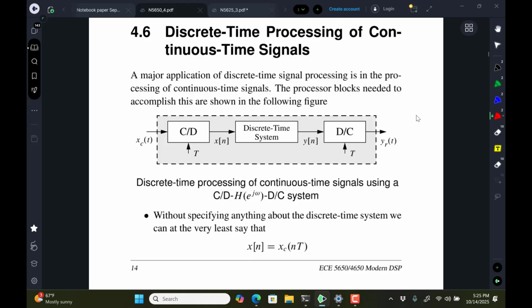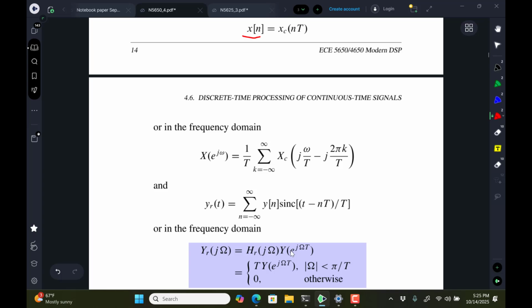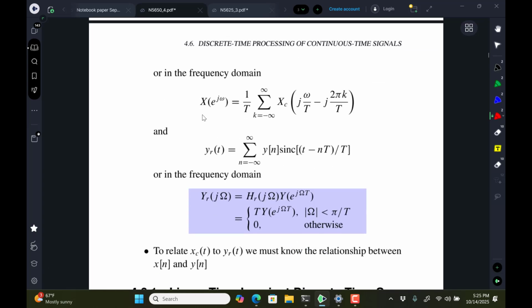So it says our input is x of n, a sampled analog signal. It goes through a continuous to discrete converter. We know that the spectrum of the input becomes the spectrum of x of n, which is X of e to the j omega, with all the translates of that spectrum showing up here, and then the 1 over T scaling factor from the sampling rate clock.